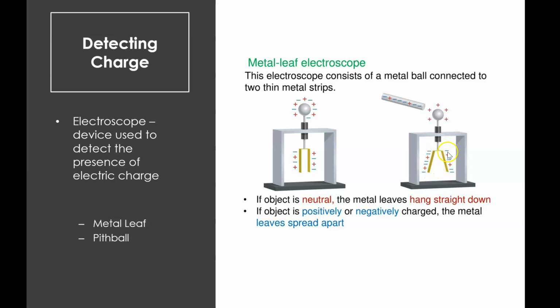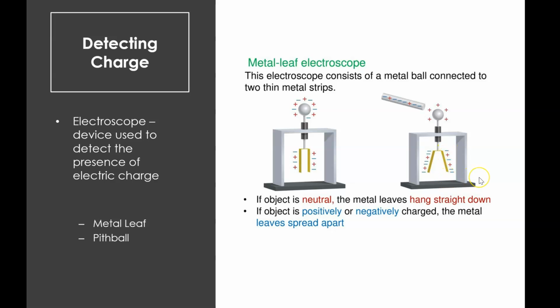And what happens is that these leaves become negatively charged because there are now 4 negative charges compared to 2 positive. And here you have 5 negative charges compared to 2 positive. So both leaves become negatively charged.